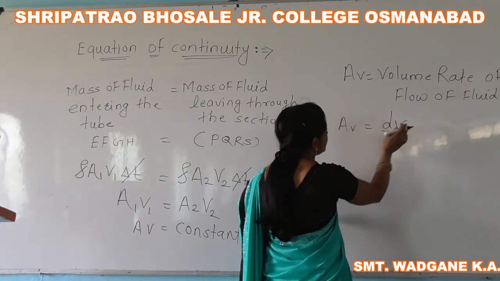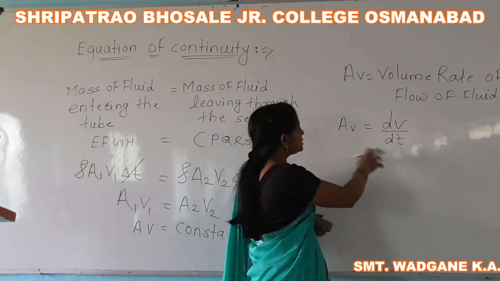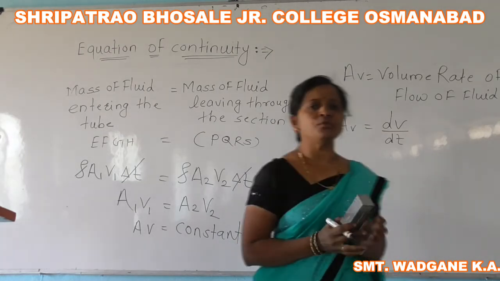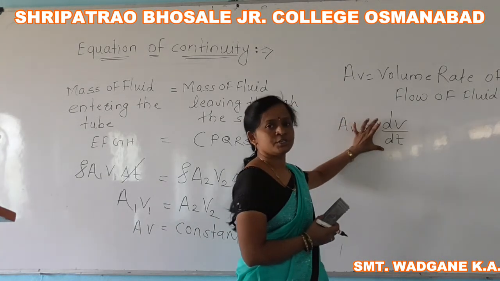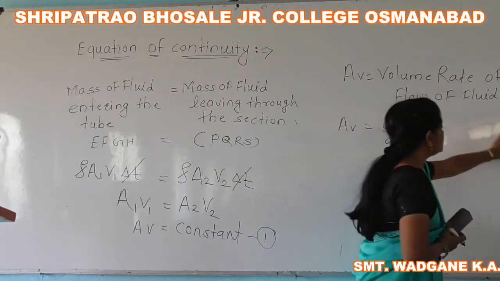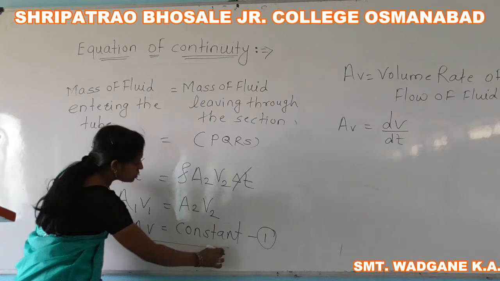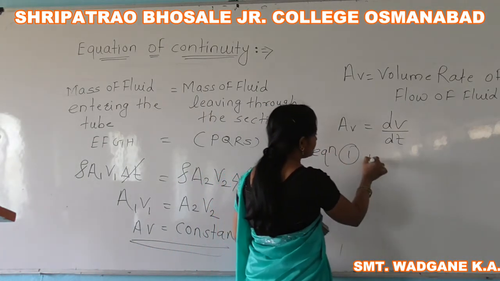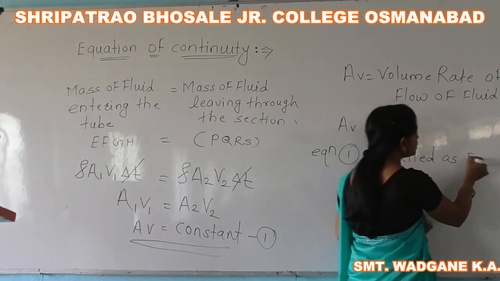Here dV by dt means the volume rate of fluid, that is how the volume of the fluid changes with respect to time. From equation 1, AV is equal to constant. Equation 1 is called the equation of continuity.